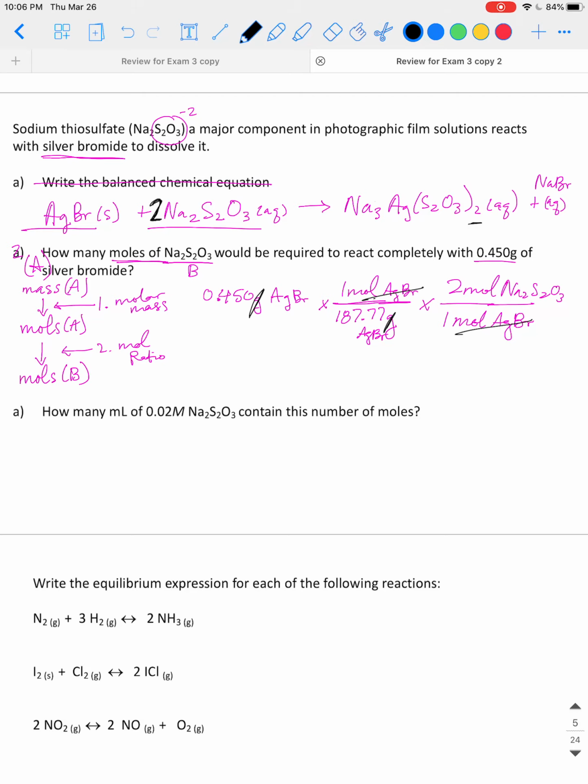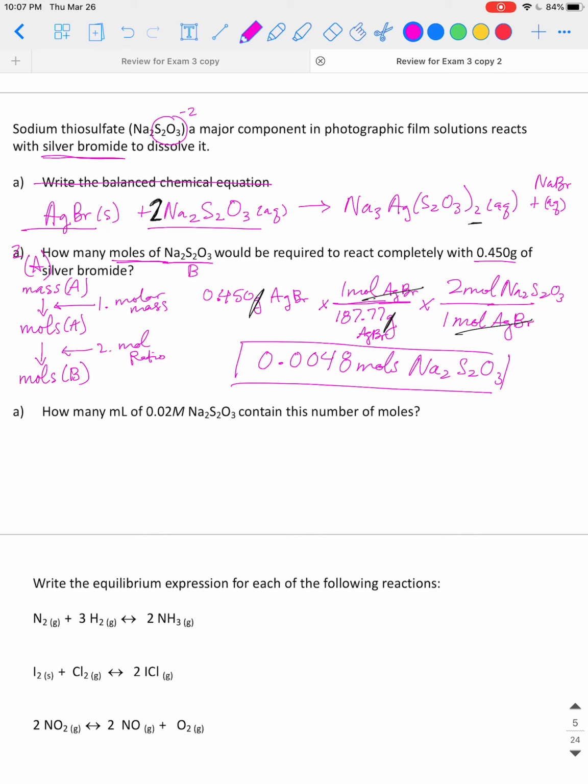We're left with moles of sodium thiosulfate. So now we'll just do the math, which is 0.450 divided by 187.77 times 2. And you should get 0.00448 moles of sodium thiosulfate, I'll round. And that is our answer for this problem.